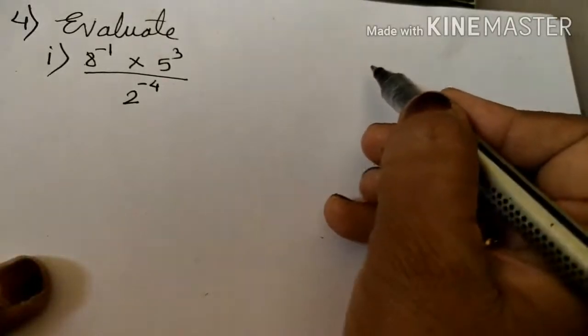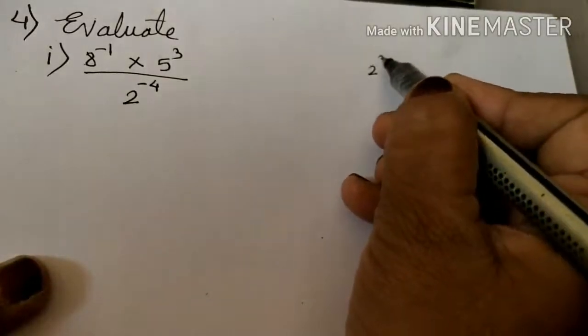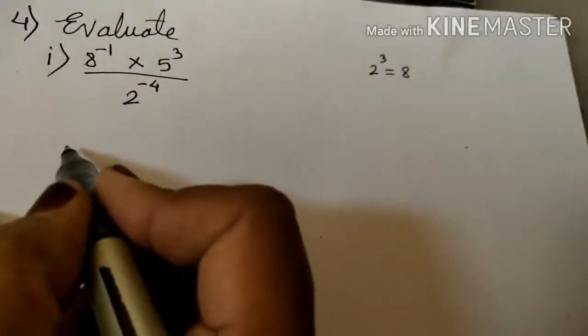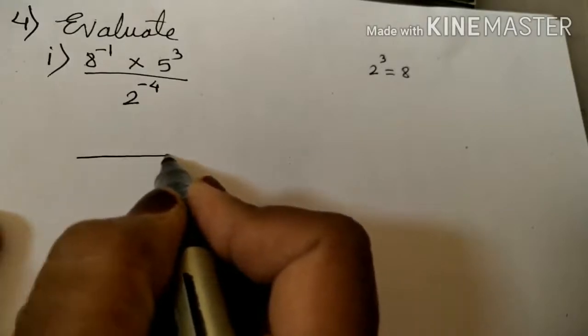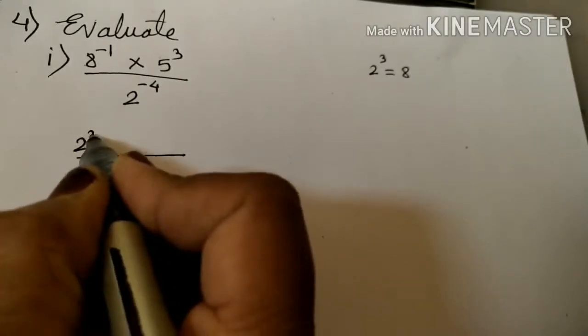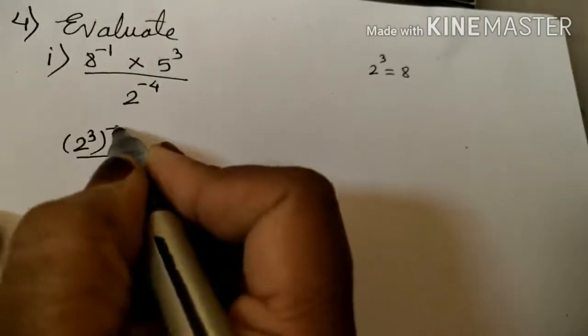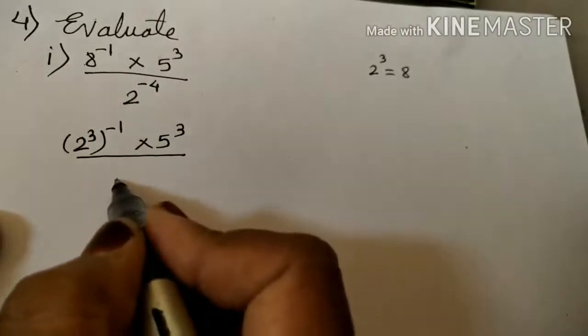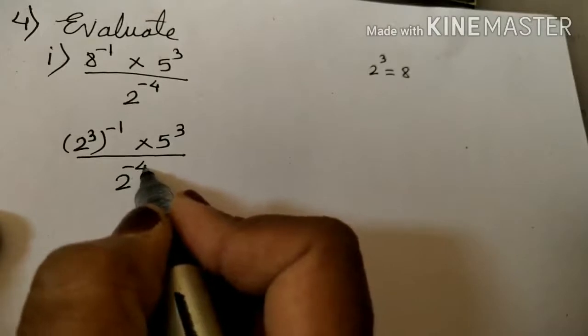Now we know that 2 cube is 8. So instead of 8, I'll write 2 cube raised to minus 1 into 5 raised to 3 divided by 2 raised to minus 4.